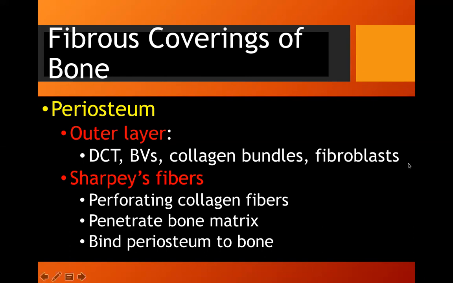As we've learned in connective tissue, fibroblasts are actually the parenchyma of your connective tissues. In the periosteum of the bone, you may also find Sharpey's fibers. They are perforating collagen fibers that penetrate the bone matrix and bind the periosteum to bone.